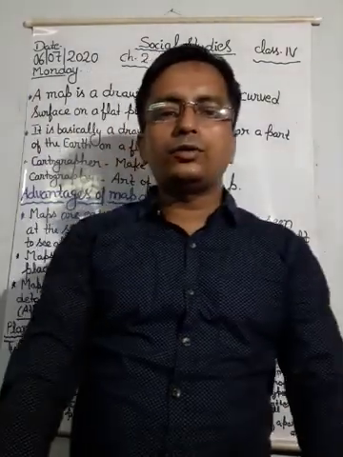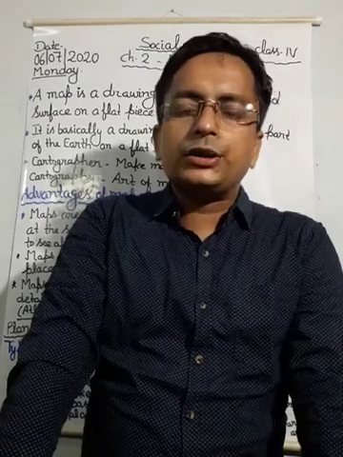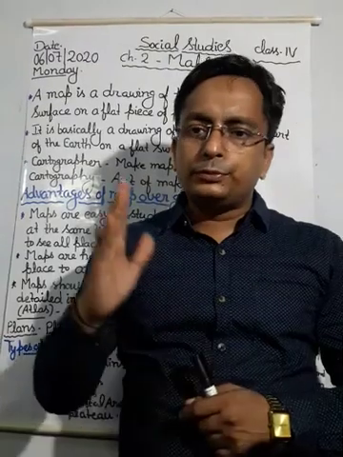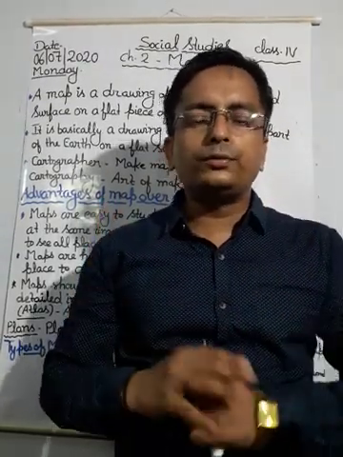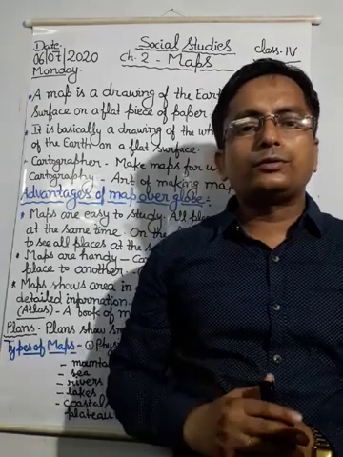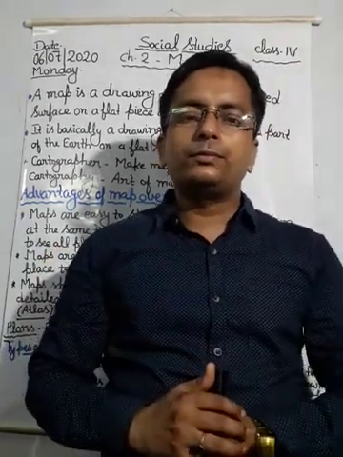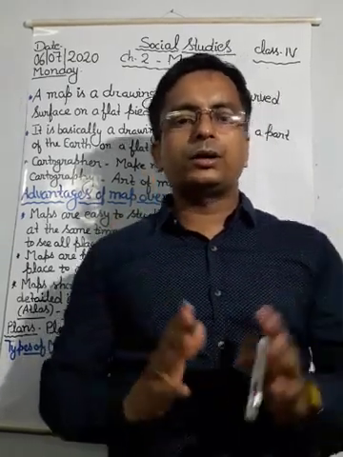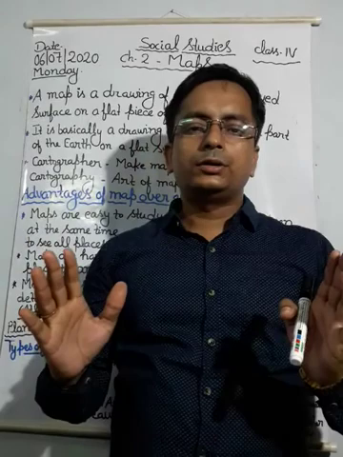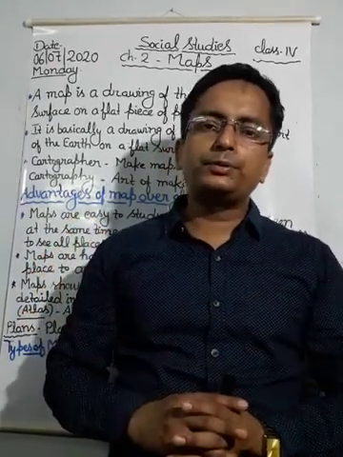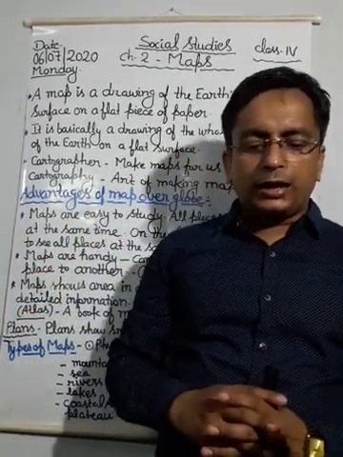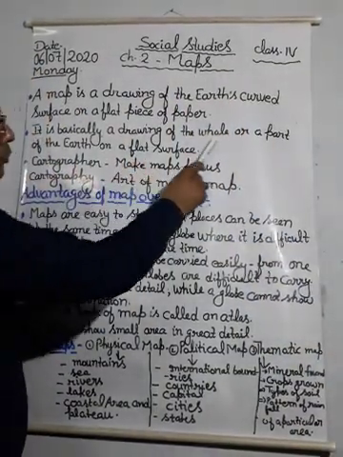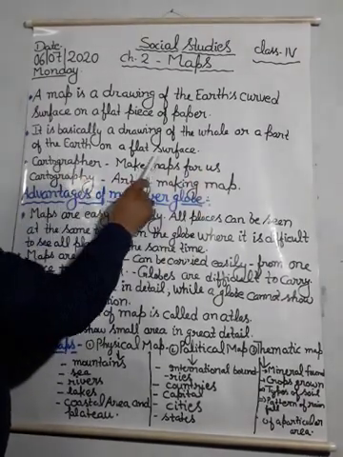As we know, our Earth is spherical in shape, and we draw the map on flat paper. The part of the earth or the whole earth can be shown in one map. It is basically a drawing of the whole or a part of the earth on a flat surface.